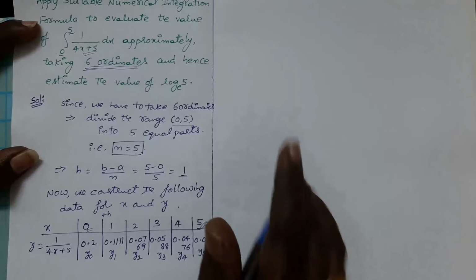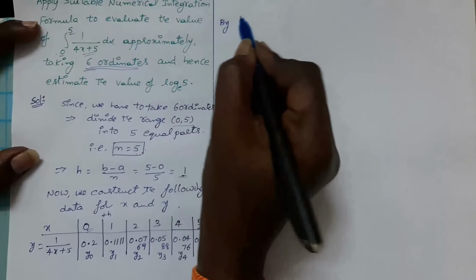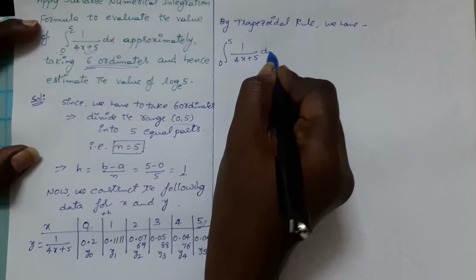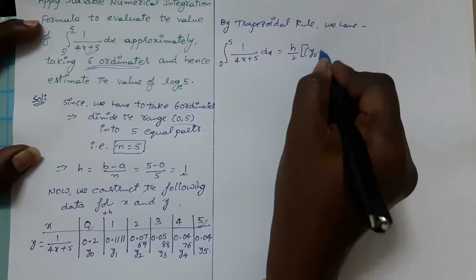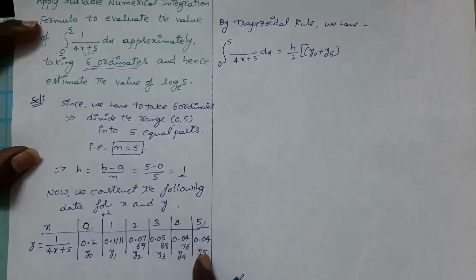Now apply the trapezoidal rule here. By the trapezoidal rule, we have the given integral 0 to 5 of 1 by 4x plus 5 dx equal to h by 2 into the sum of the first and last functioning values in the data, which are y0 and y5, plus 2 into the sum of all the remaining terms between them, which are y1 plus y2 plus y3 plus y4 only.